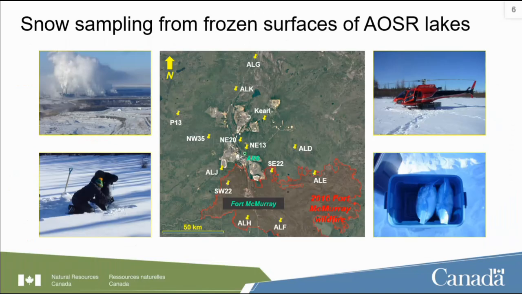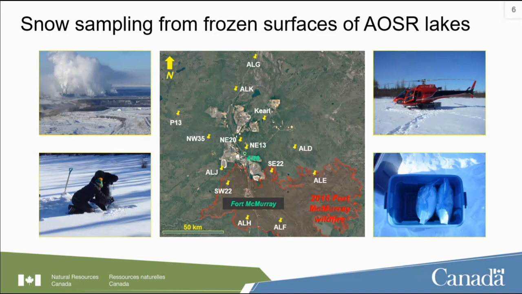what came from where. So this is some work that started in the late part of the previous cycle, then got completed during the pandemic, and we sampled snow from lakes in the Athabasca Oil Sands region. So here we go. Here's the 2016 Fort McMurray wildfire, and here's all these lakes that Jason went and sampled, and the snow on it.